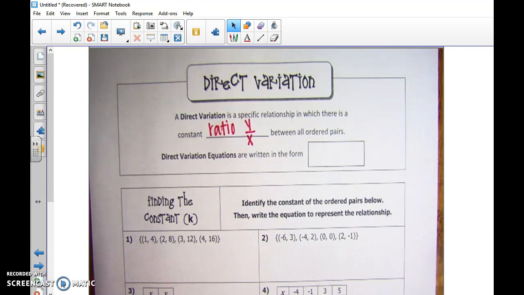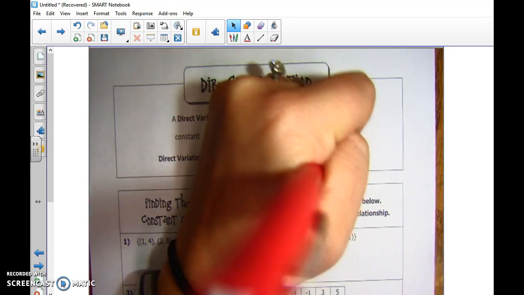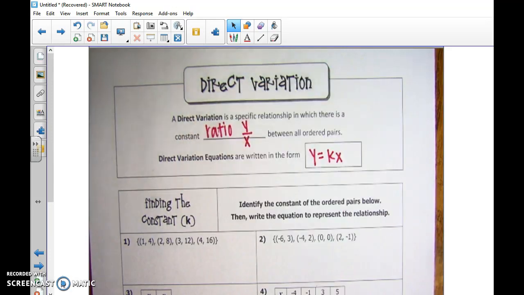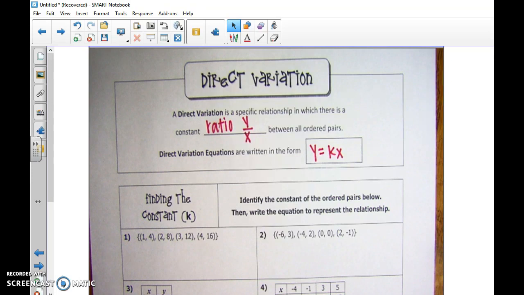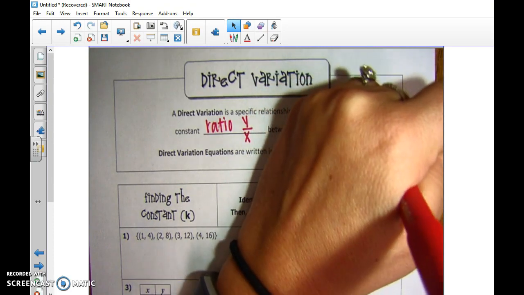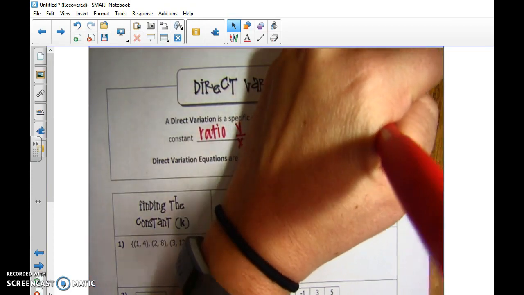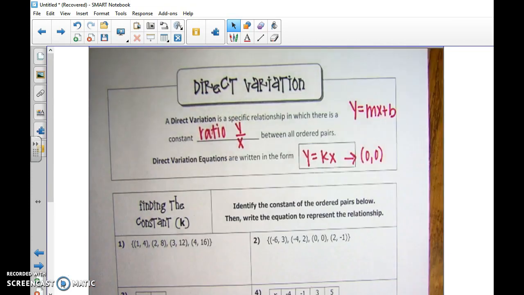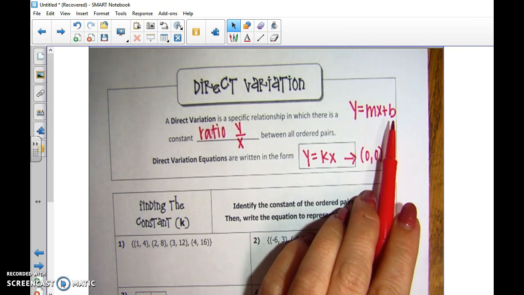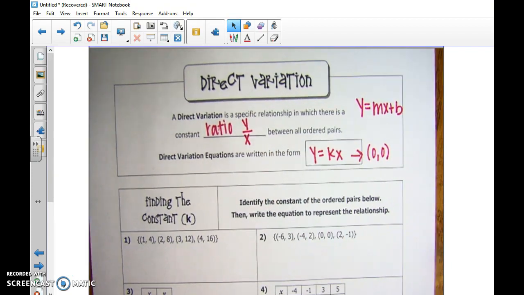So when we have a direct variation equation, it's going to be written as y equals kx. When we are looking for direct variation equations, we want our equation to go through the point 0, 0, which means that in our normal y equals mx plus b, if we have anything in our y-intercept spot, then we know that we are not going to have a direct variation.